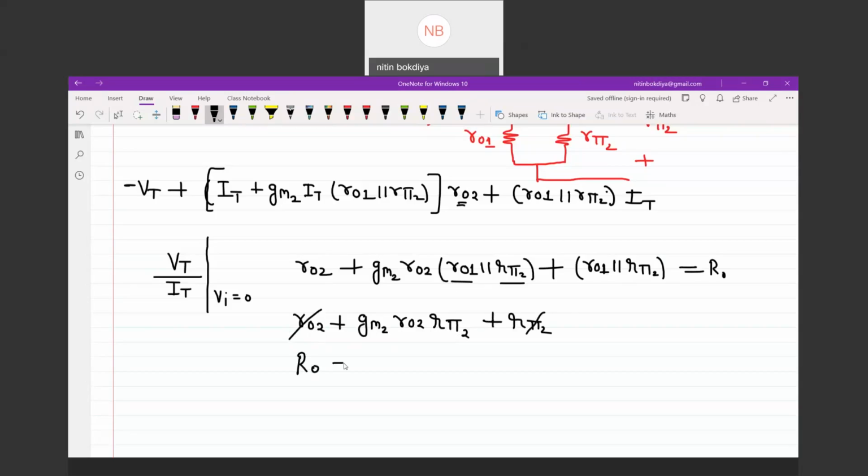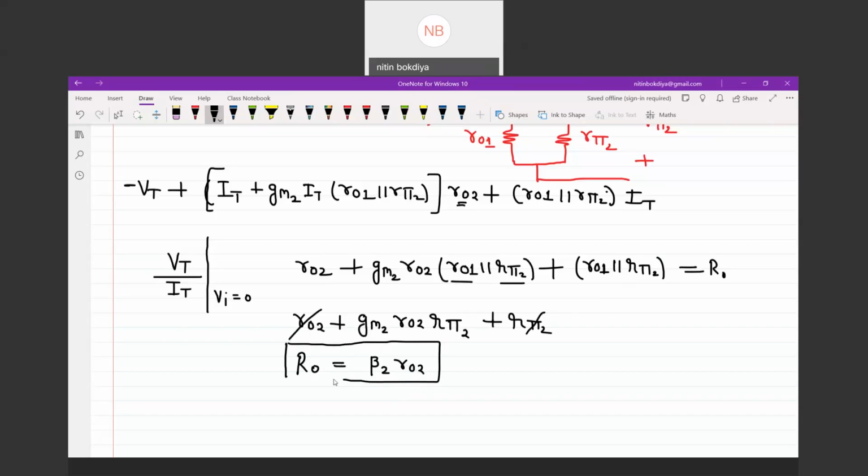we are underestimating, meaning we are writing a lower value while actually the value is higher. So GM2 into R pi 2 is equivalent to beta 2 into R02. So can I say this circuit is nothing but a resistance magnifier?